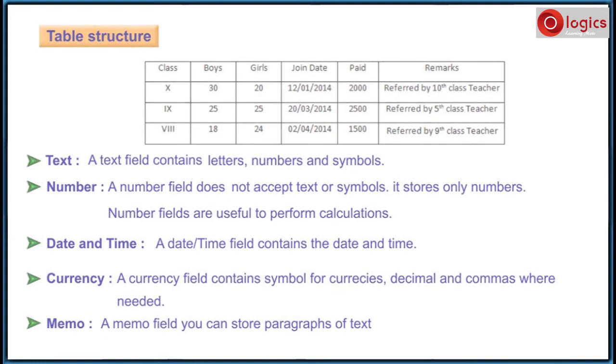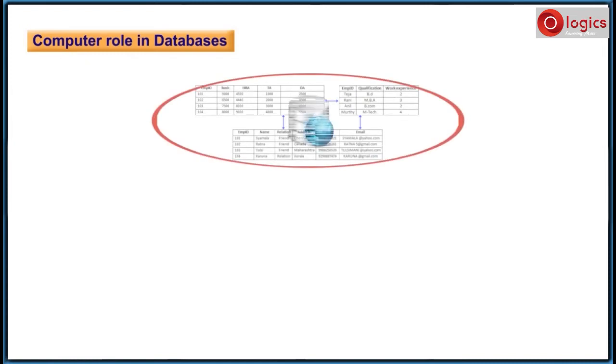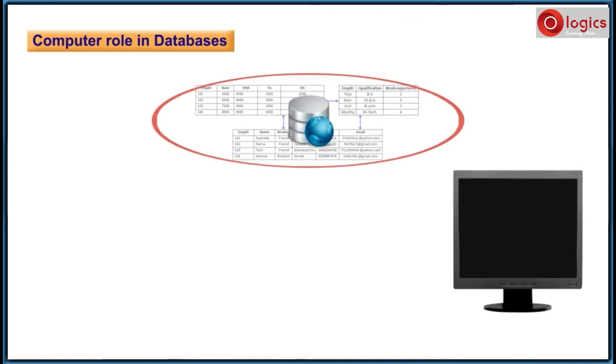Computer role in databases. Let us understand the computer role in utilizing database technology. These are database tables, and let's say this is a database. Here I am connecting my computer to database management system.